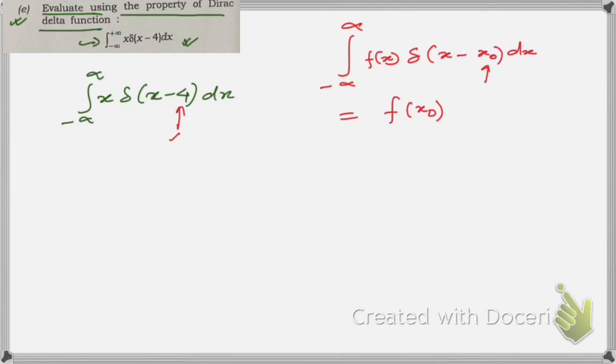So here f of x is simply x only, right? So this will be equal to 4 only, right? Let me write here: f of x is equal to x, and x naught is 4.